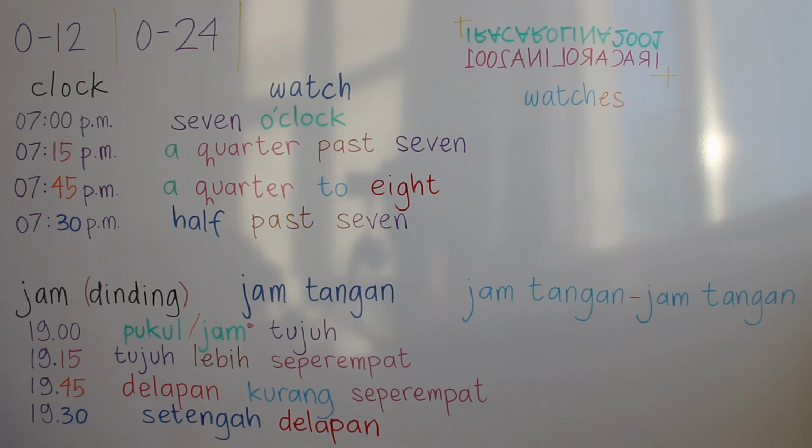In Dutch, the number itself is also from 0 to 24, but the separation, instead of dot, in Dutch uses colon. In Indonesia, the separation is with dot.